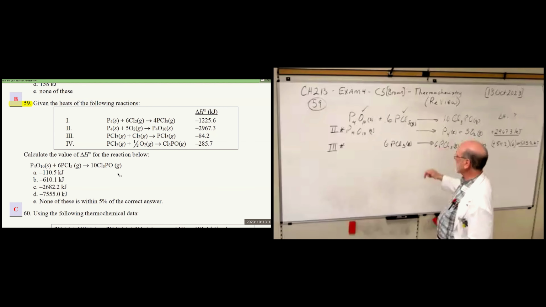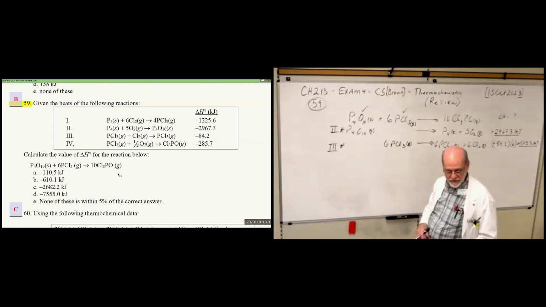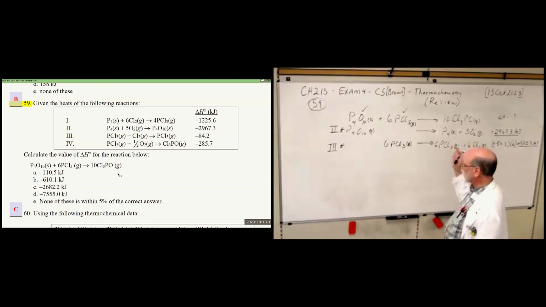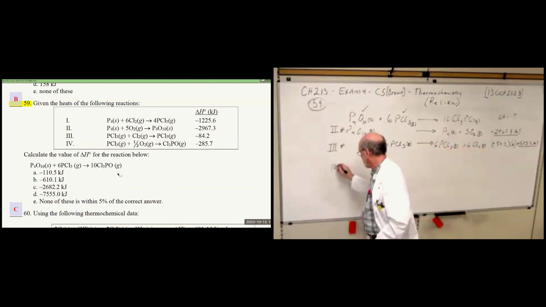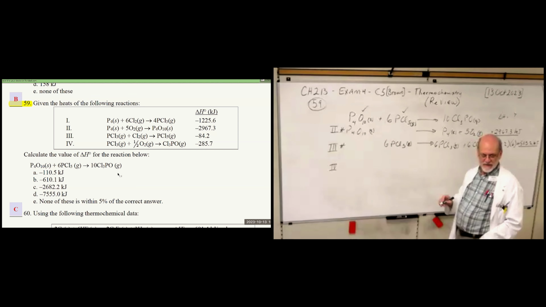We need Cl3PO, the last one. It's good, it's on the right. But multiply the kilojoules by 10.